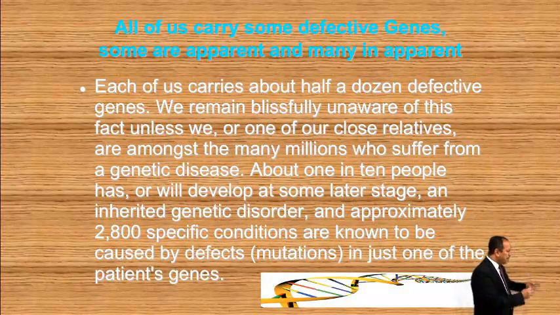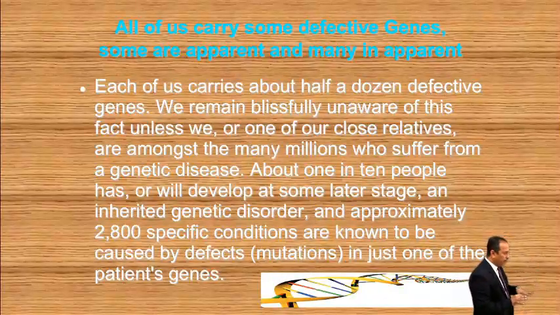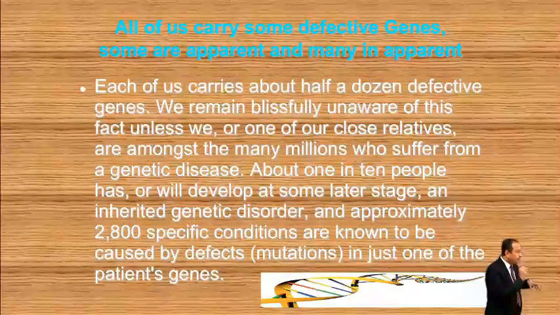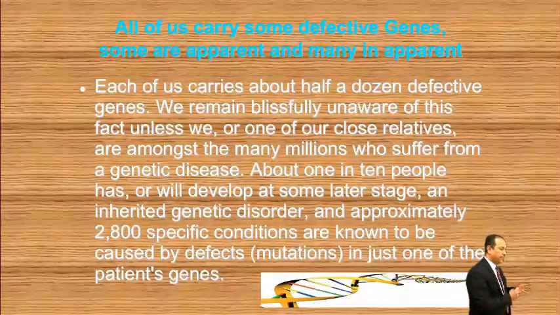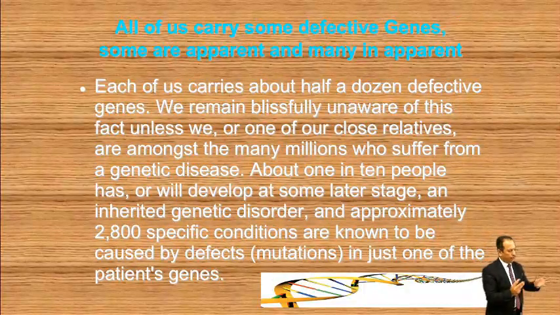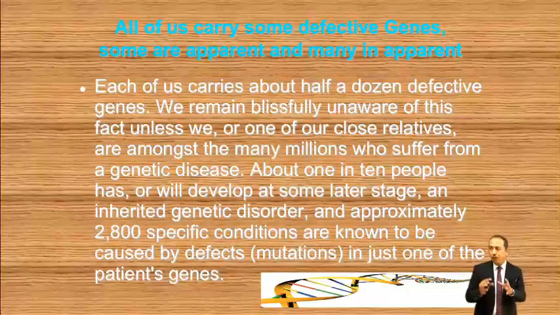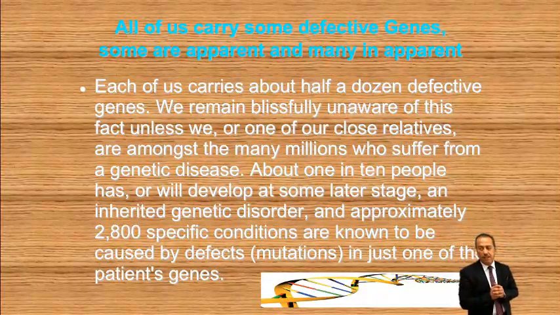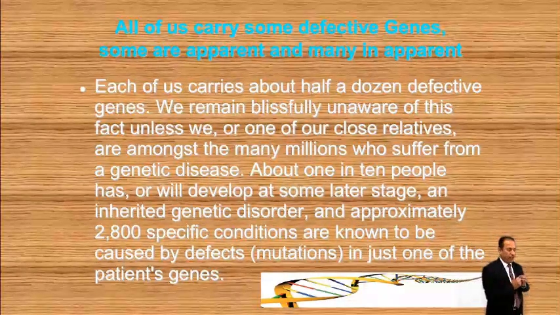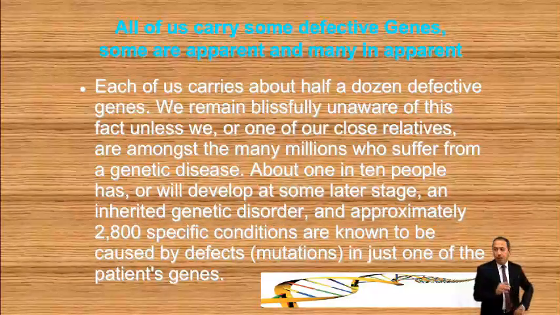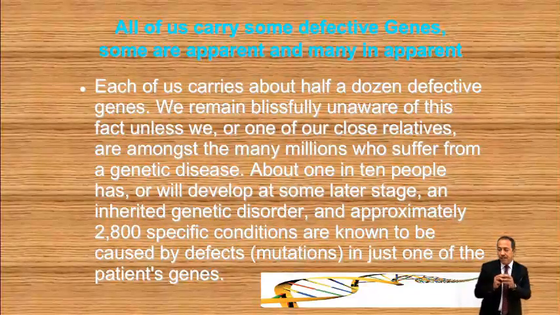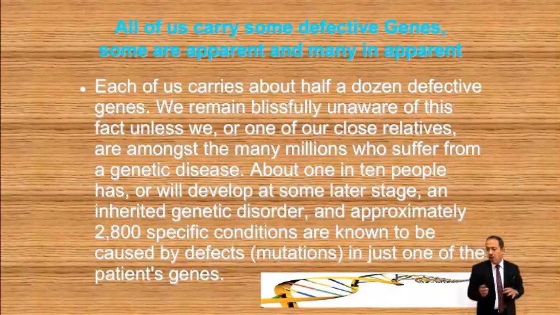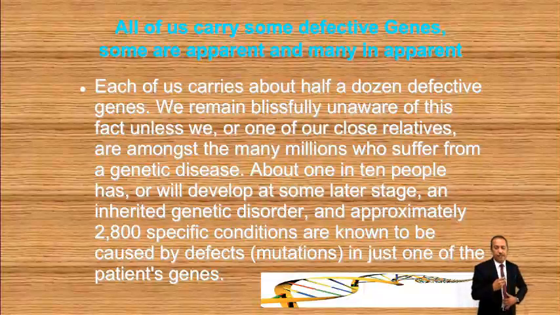Now, we must know that all of us carry some defective genes. Some of them are apparent and the others are inapparent. Each of us carries about half a dozen defective genes. We remain blissfully unaware of this fact unless we or one of our close relatives are among the many millions who suffer from genetic disease.